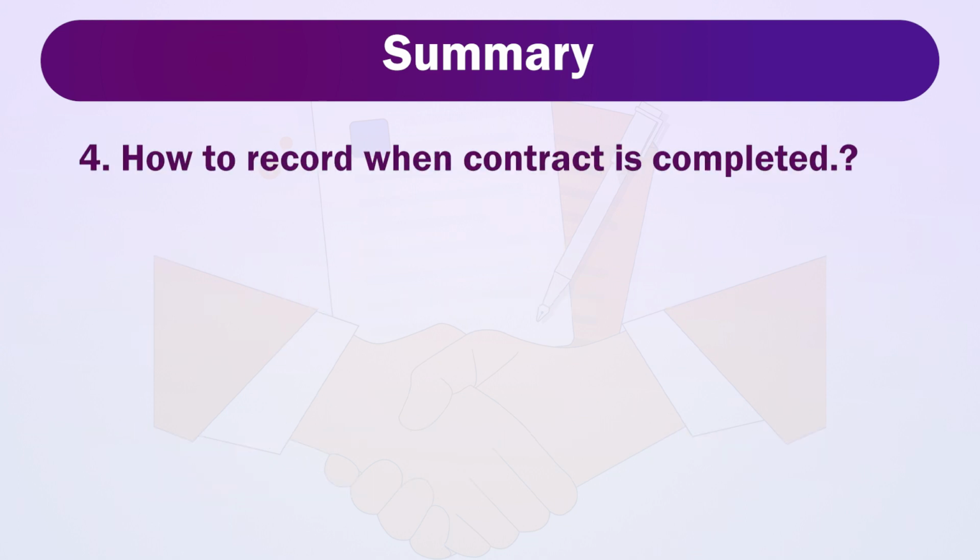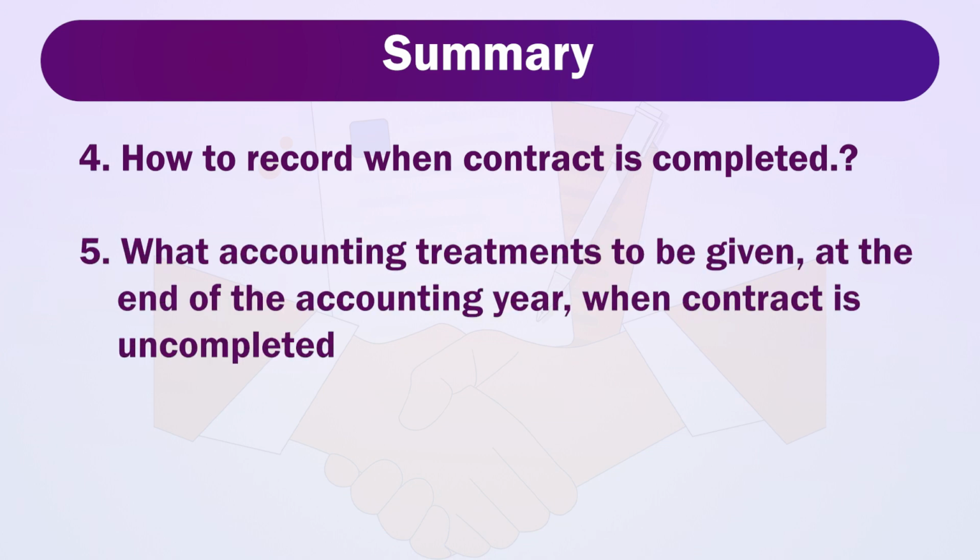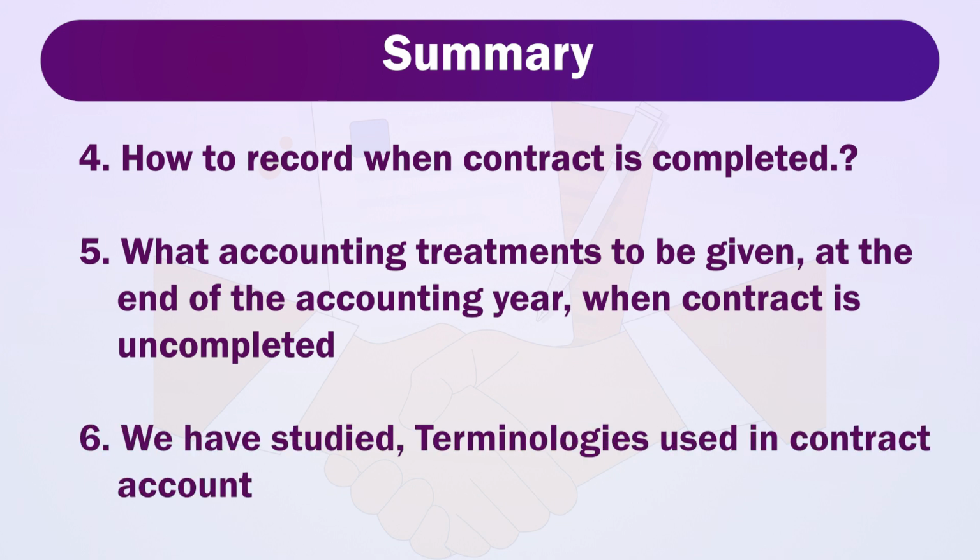Number 4, how to record when contract is completed. Number 5, what accounting treatment to be given at the end of accounting year when contract is uncompleted. Number 6, we have studied terminologies used in contract account.